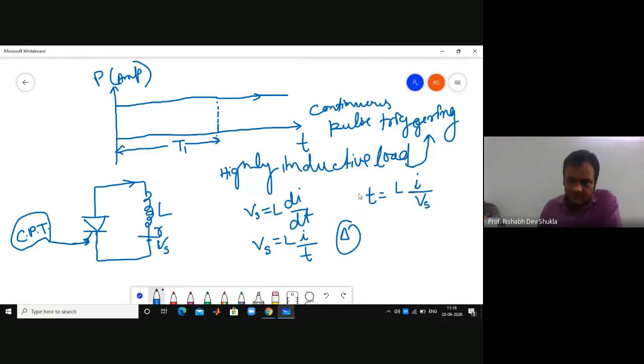This is the minimum pulse duration needed. This is the time duration of the pulse needed to turn on this thyristor, the gate pulse duration.